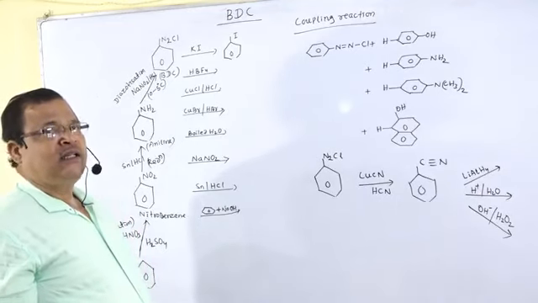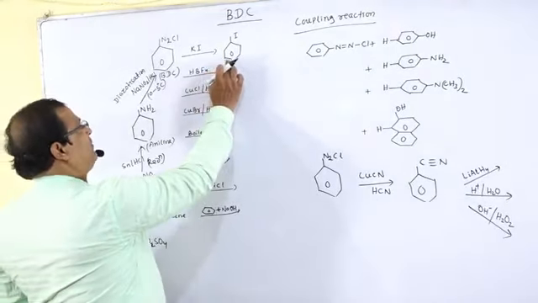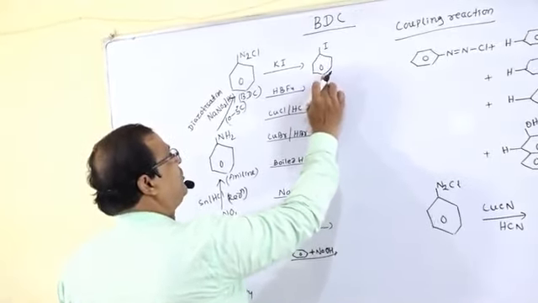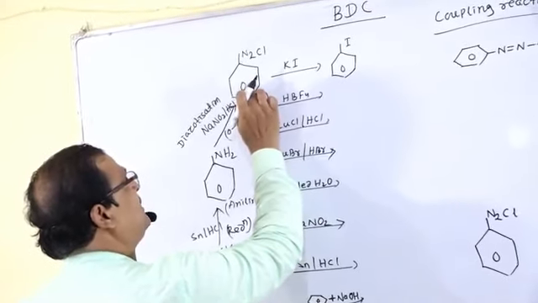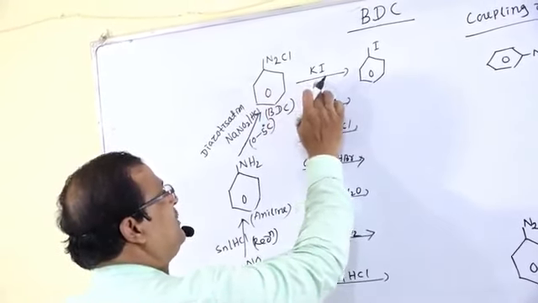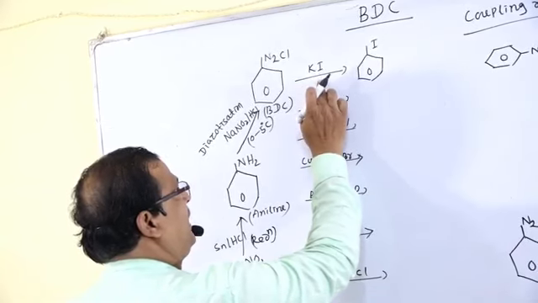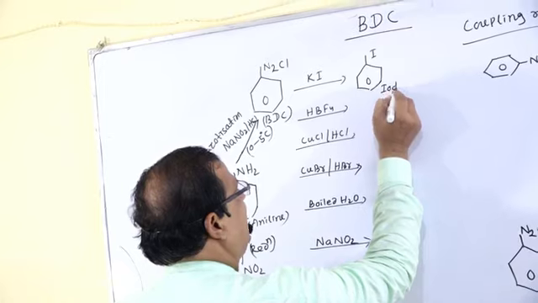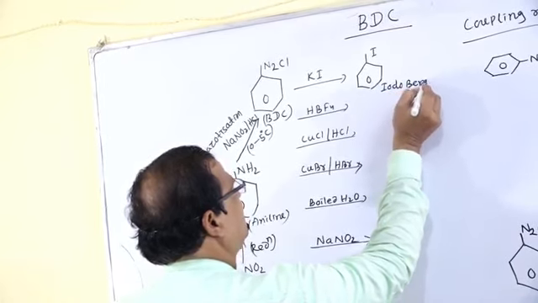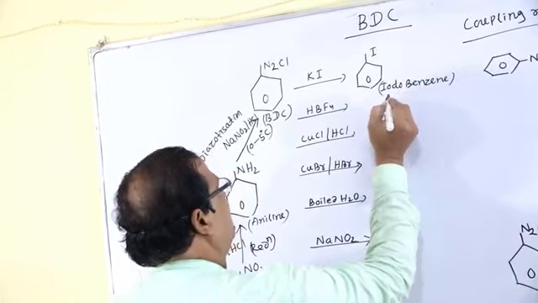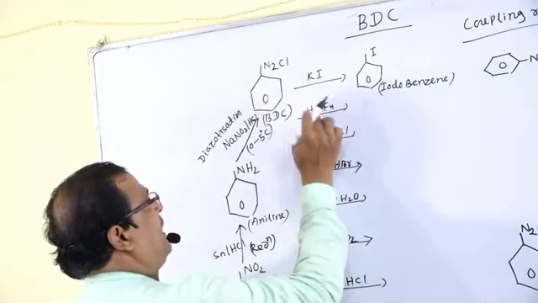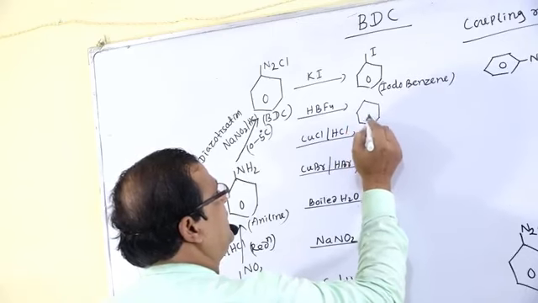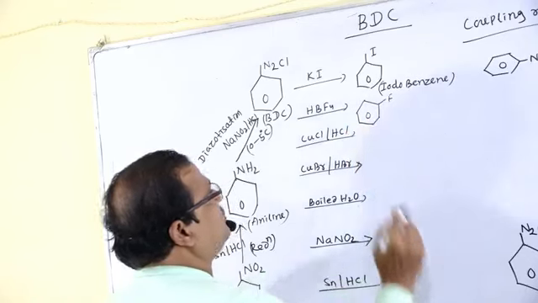We will discuss the method of preparation of iodobenzene. Iodobenzene is obtained from BDC treated with KI, potassium iodide; there is the formation of iodobenzene. Next, benzene diazonium chloride treated with HBF4 gives fluorobenzene, benzene attached with fluorine.